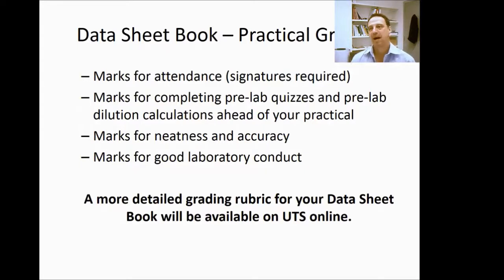And then you get marks for neatness and accuracy, as well as for good laboratory conduct. And that's important because we want to have a safe workplace, and part of having a safe workplace, or a safe learning place, I should say, is you being sensible in the lab. Okay, so more details about how your practicals are graded can be found on UTS Online, where I will put up a grading rubric shortly.